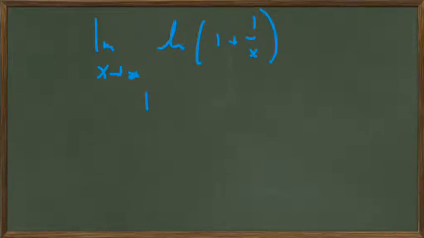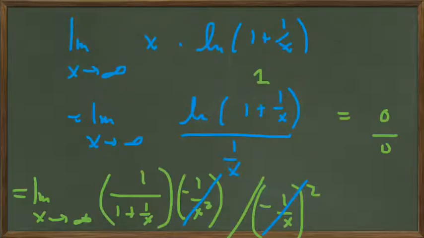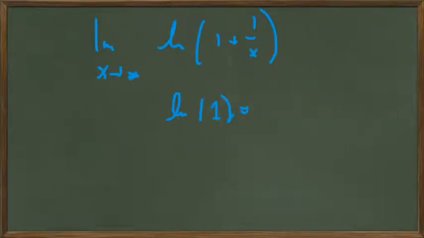Excuse me, there's no ln in front of this term, so this right here should just be the limit as x goes to infinity of 1 plus 1 over x, and that is just 1.